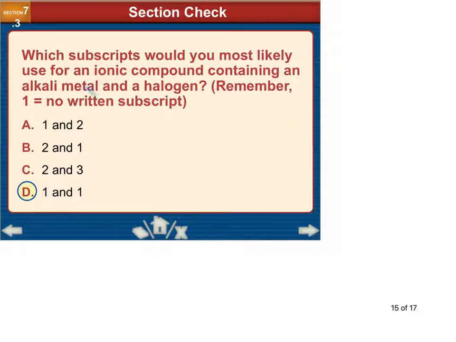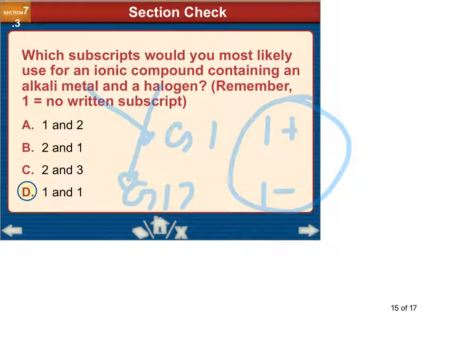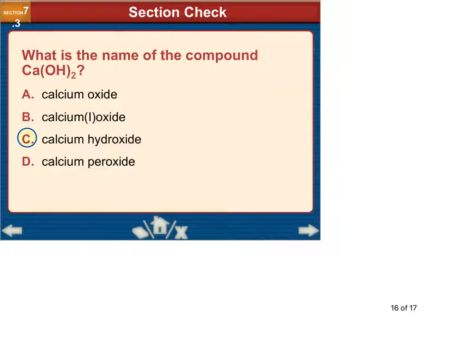Alkali metal, group 1, so it has a 1 plus charge. Halogen, group 17 with a 1 minus charge. Got the same charges, equal and opposite. That means we'll just have a 1 and a 1. Name of the compound Ca(OH)2: Ca, calcium, OH, hydroxide.